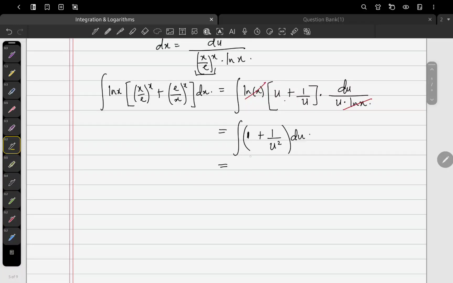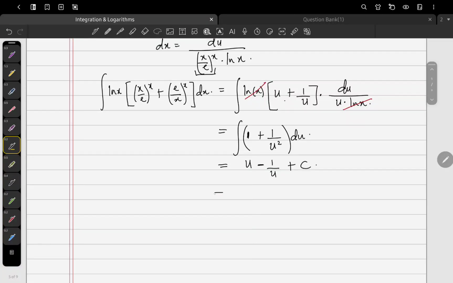But what is the integral of that? The integral of 1 is u, and the integral of 1 over u squared is negative 1 over u, plus c.